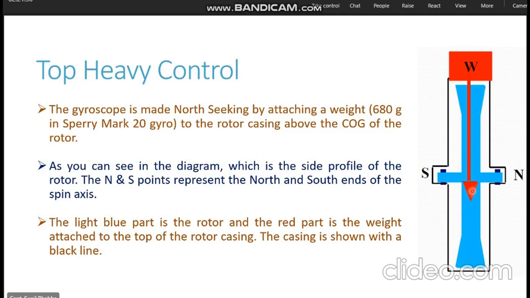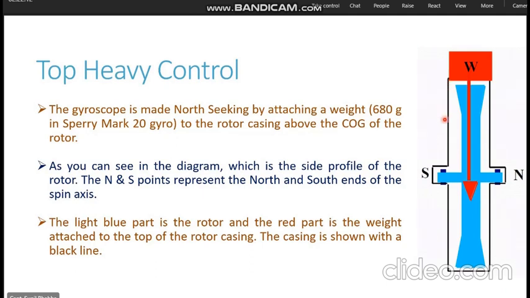Now outside the rotor you see a black color casing. This is called the rotor casing. Till now we have not seen the rotor casing in any of the gyro diagrams, but actually when the gyro compass is made, this rotor and spin axis arrangement is fitted inside a rotor casing.